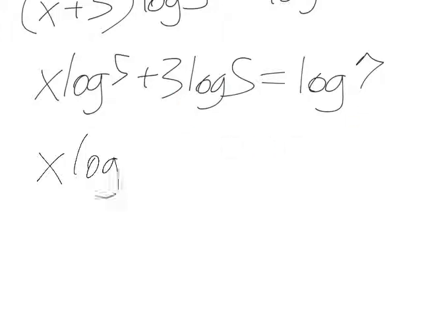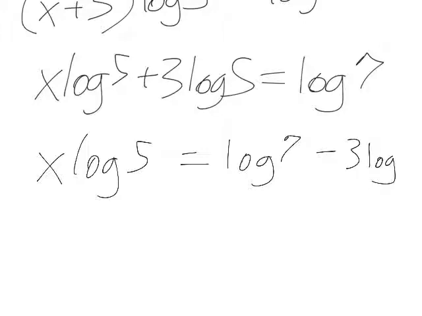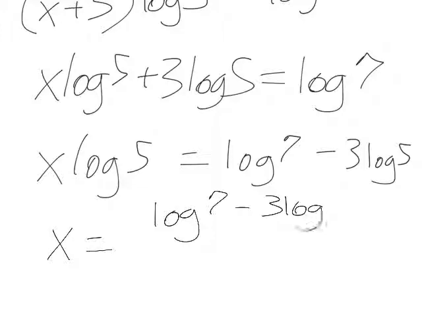That begins our isolation of the x term. Okay? And then what you can do is completely isolate by just dividing both sides by log 5. So x is going to be equal to log 7 minus 3 log 5 over log 5.